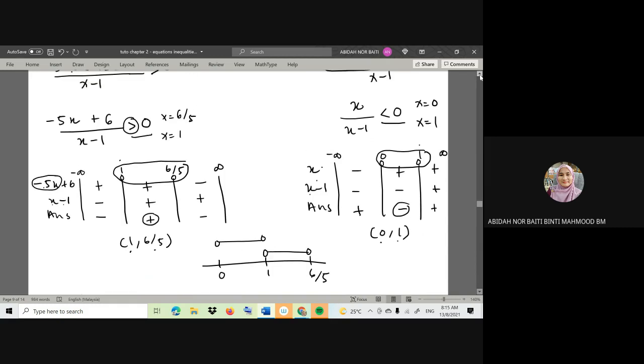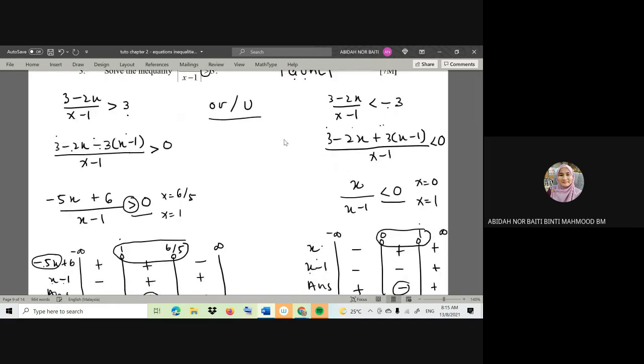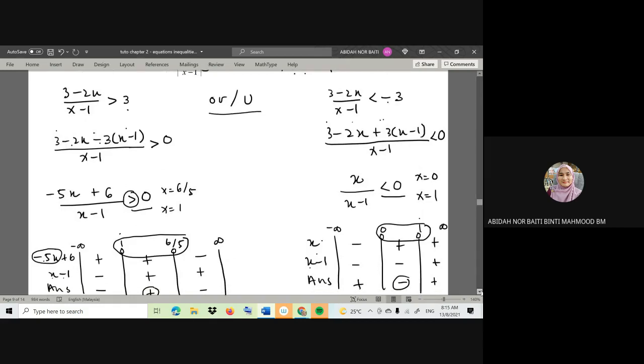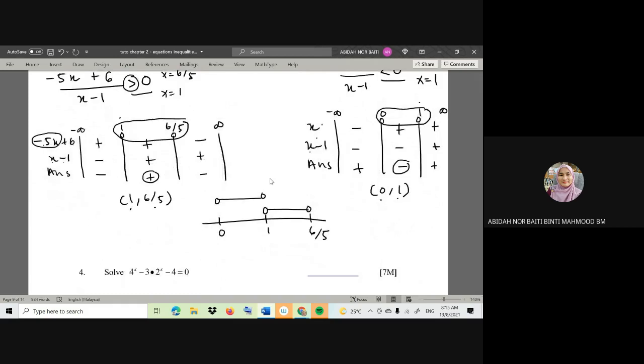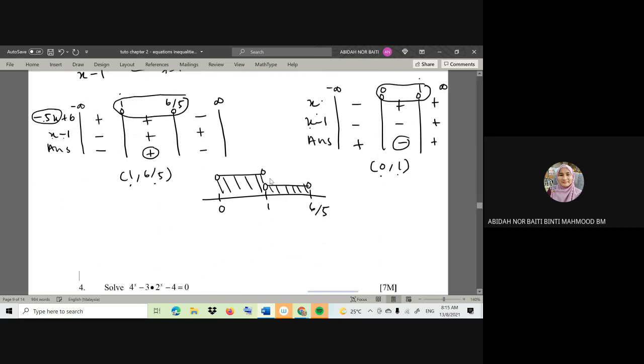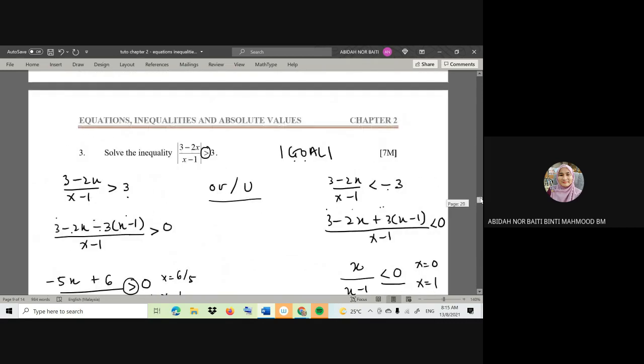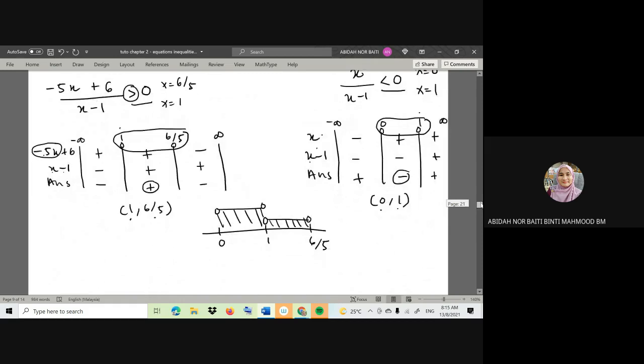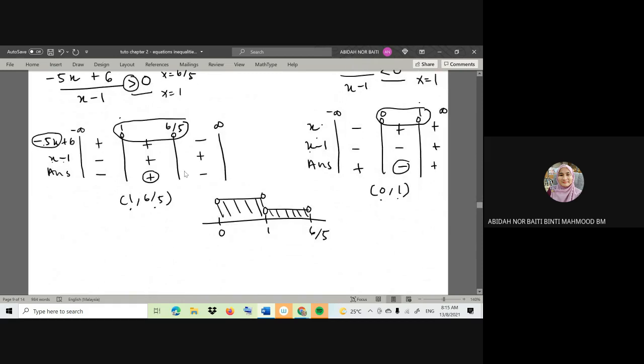And then this is or, union. So we shade, stop at 1 and continue here. Therefore, your answer: did the question say what form the answer should be in? No, so we can use interval notation, from 0 to 1, union 1 to 6 over 5.